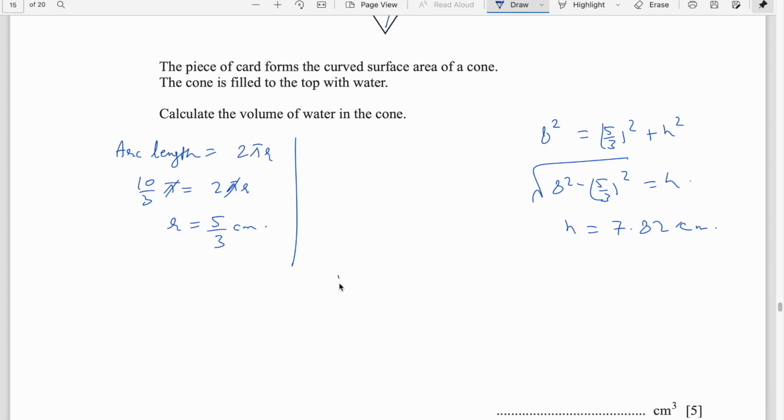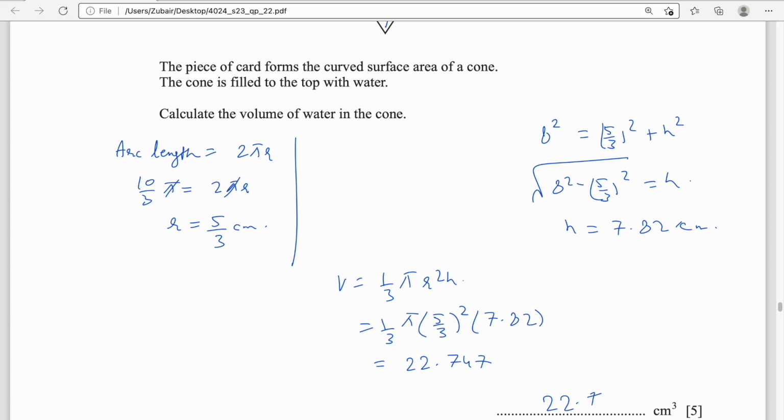Now we can find the volume. Volume is 1 by 3 pi r squared h. 1 by 3 pi, radius is 5 by 3 squared, and height is 7.82. And we get 22.747, approximately equal to 22.7 centimeters cubed.